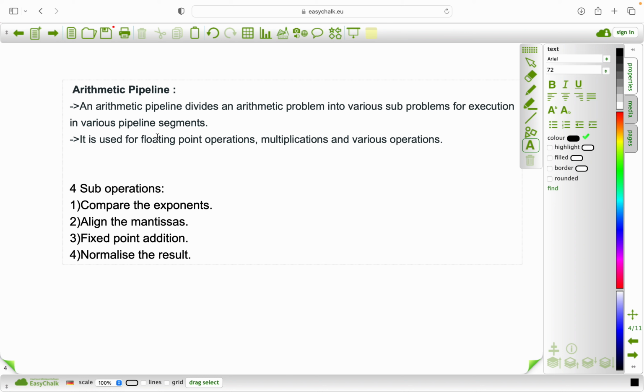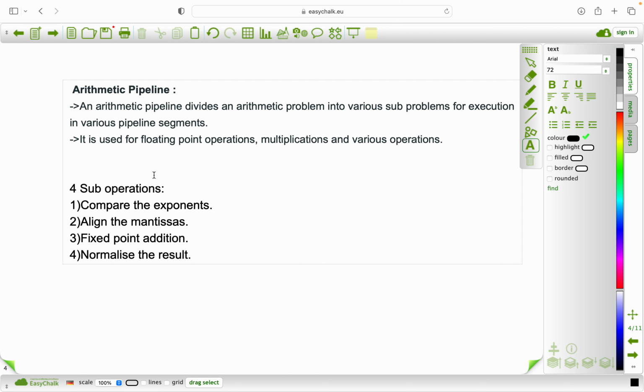Now, floating point operations are those that are conducted on floating point numbers, that we will be looking at in the future. This arithmetic pipeline consists of 4 sub-operations. What are these? Those are comparing the exponents, aligning the mantissas, fixed point addition, and normalization of the result.